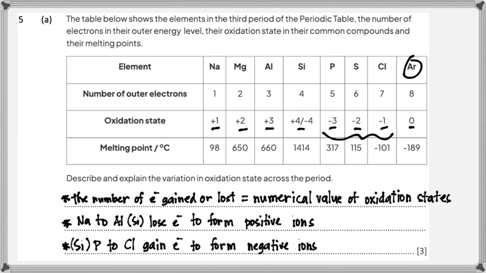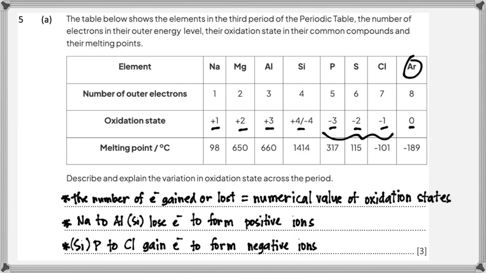Please take note that as the oxidation number of a monoatomic ion is the same as the charge on the ion, the variation in oxidation number can be explained by the differences in the charges on the ions, or whether they lose or gain electrons. So if it's a plus, they lose electrons, just like sodium to aluminum, in contrast with phosphorus to chlorine.